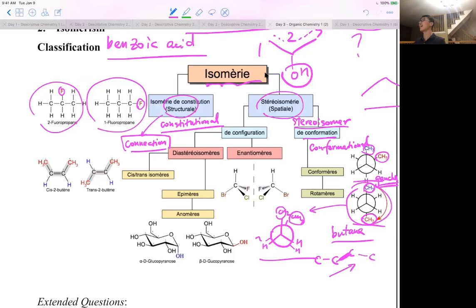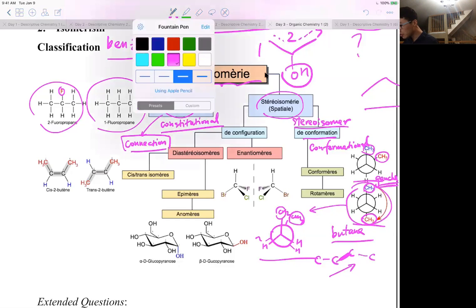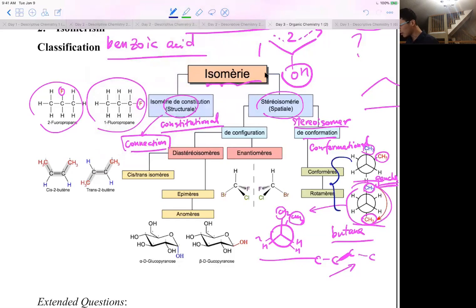I kind of agree with Jay's idea. Stagger includes both gauche and anti. I will do some homework. But I agree with Jay's idea, which means both of these two are staggered.